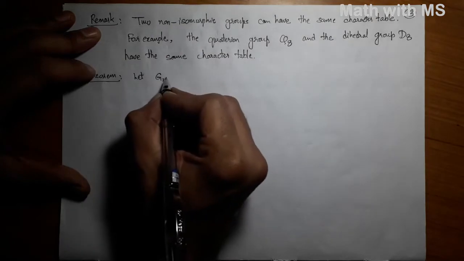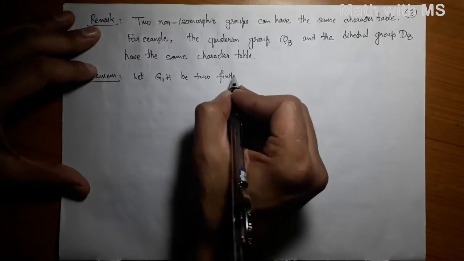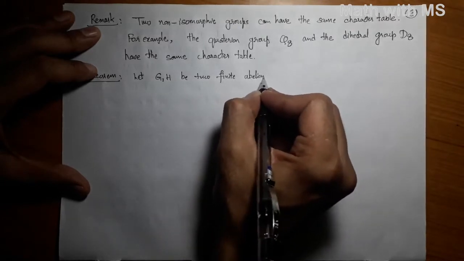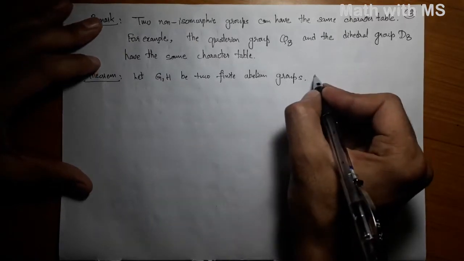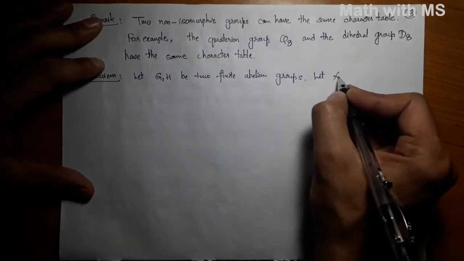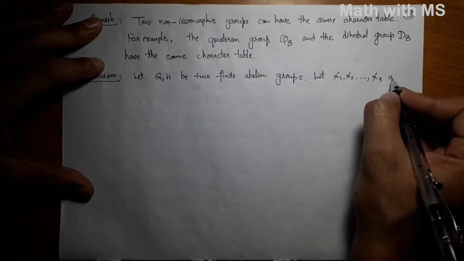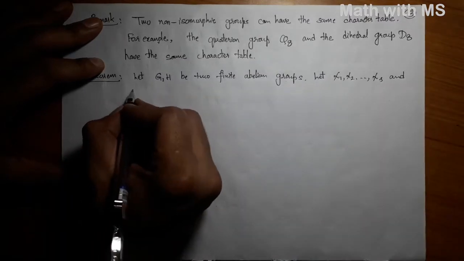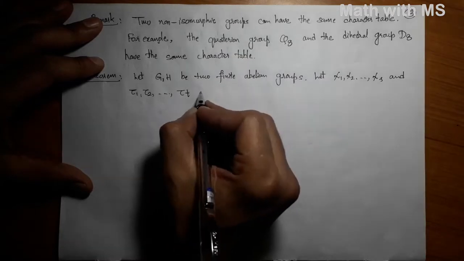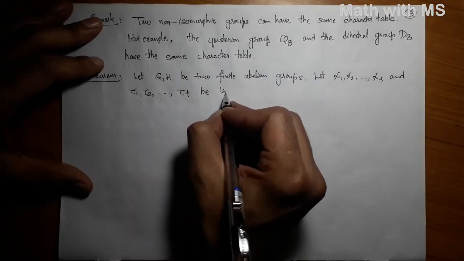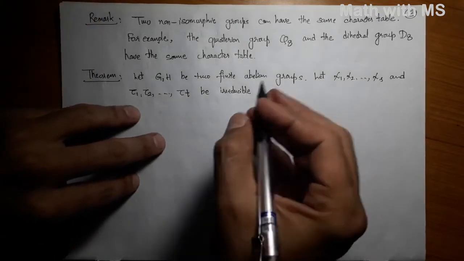So let G, H be 2 finite abelian groups, let chi1, chi2, and so on, chi-s, and tau1, tau2, and so on, tau-t be irreducible characters or irreducible representations. They are the same for abelian groups.